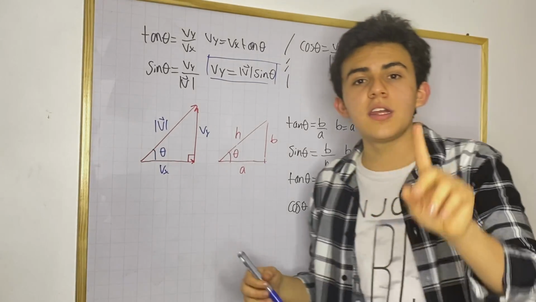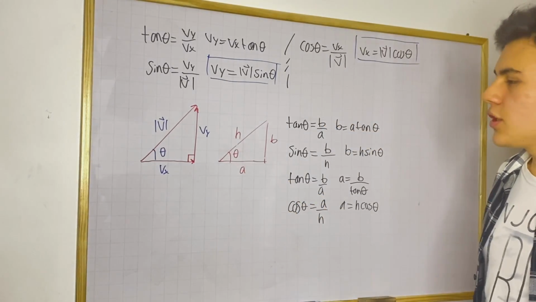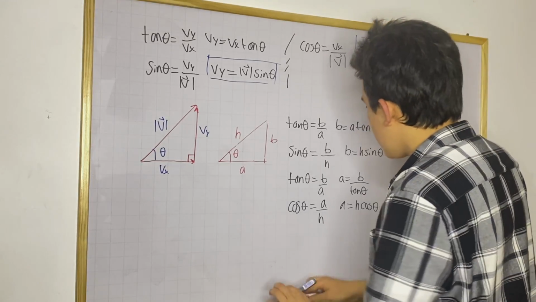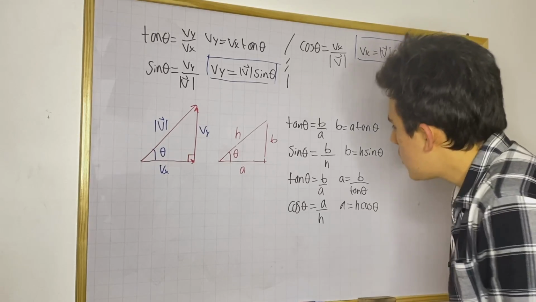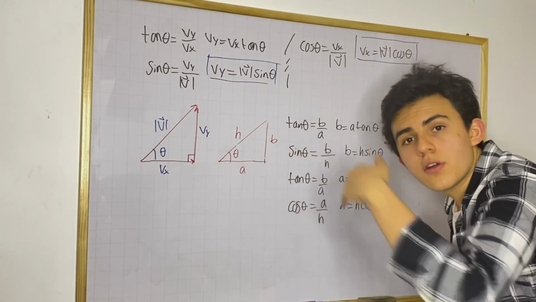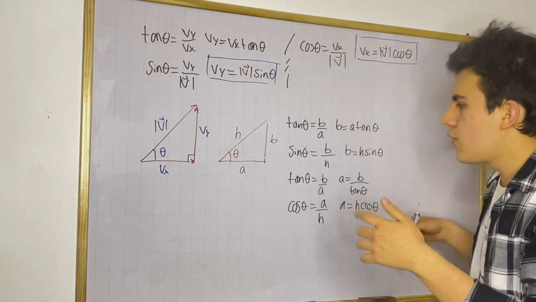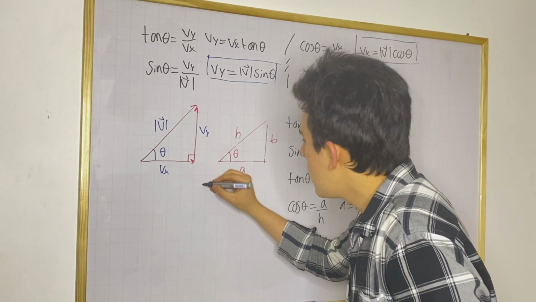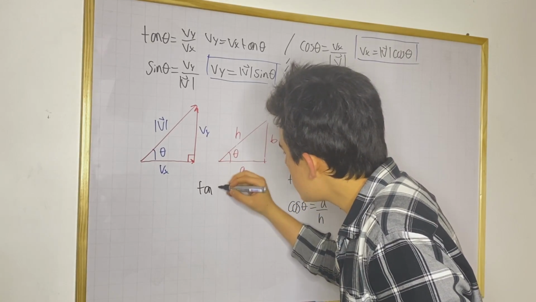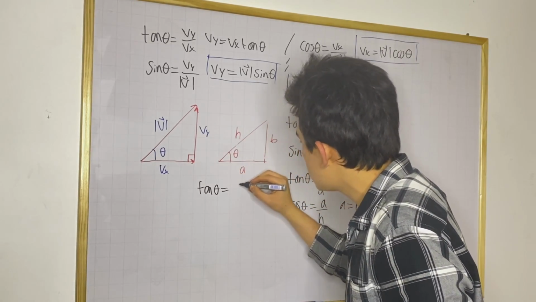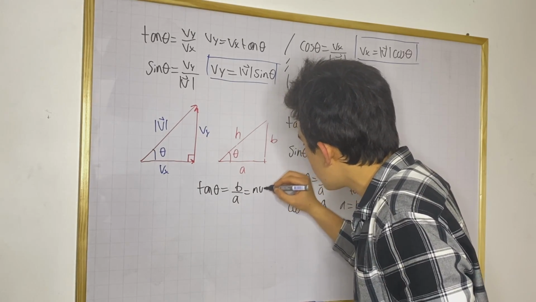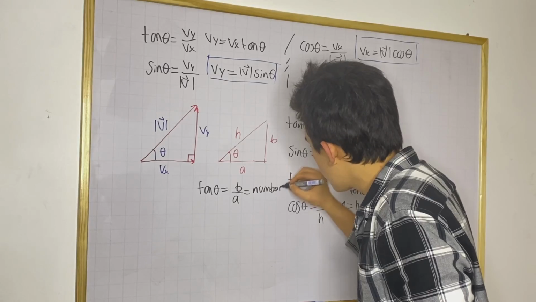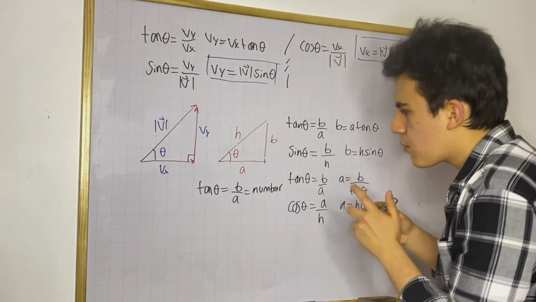Now we're still missing one equation, which is an equation for theta. How do we find theta in this case? Well, remember that there are inverse trigonometric functions. So for example, if you say that tangent of theta is going to be equal to b over a, this is going to be equal to a number. Now, there is something pretty cool.